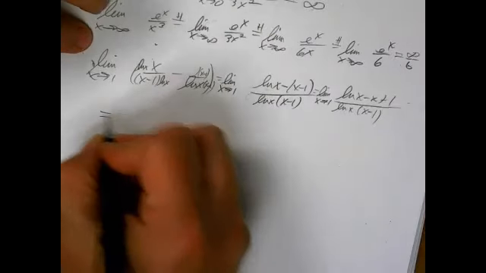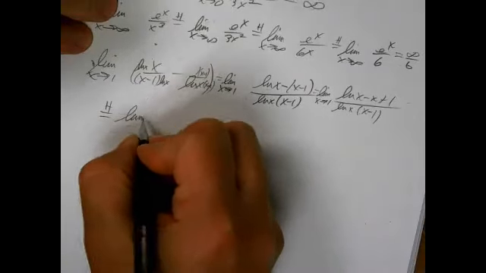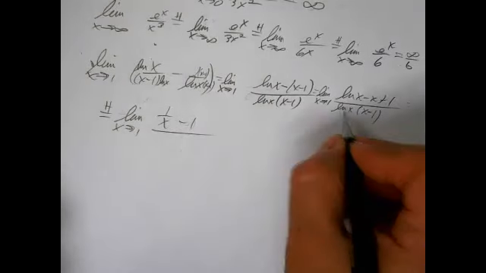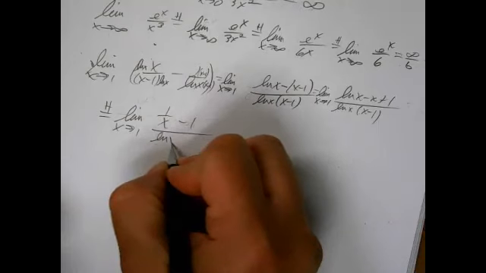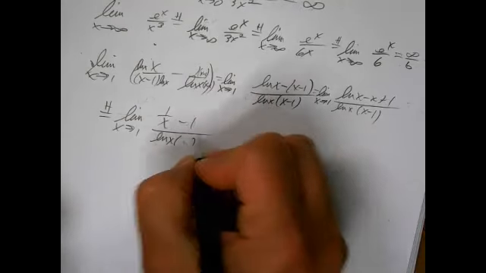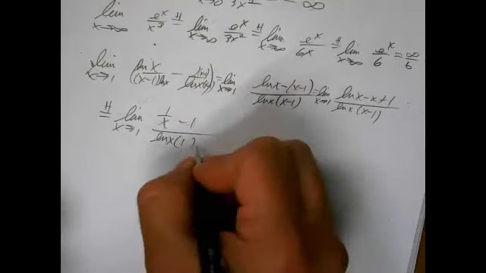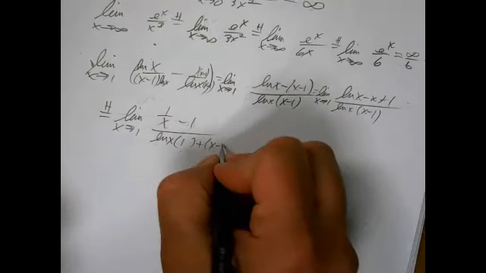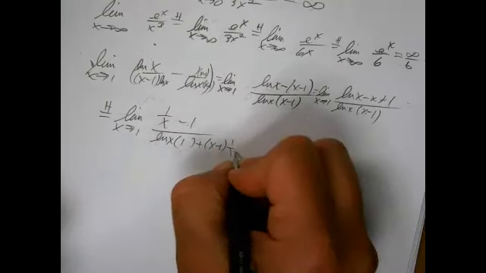So this will be equal to, by L'Hopital, the limit as x approaches 1 of a 1 over an x minus a 1. That's what I get on top. On the bottom, I'm going to have to use a product rule. First times derivative of second, plus second times derivative of first.